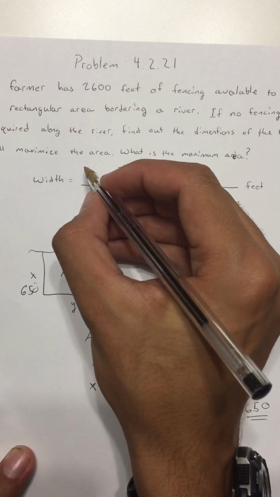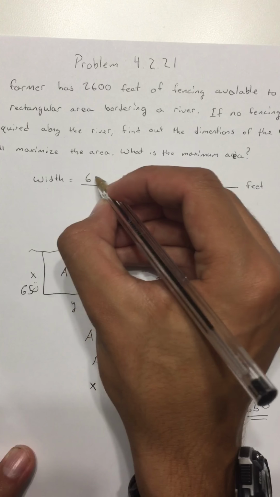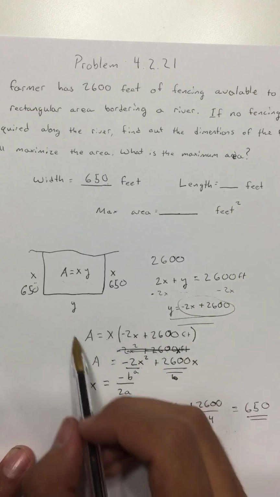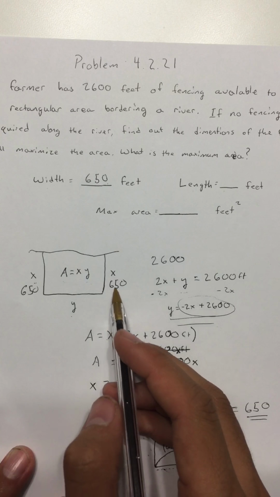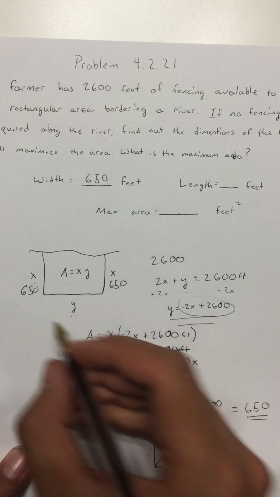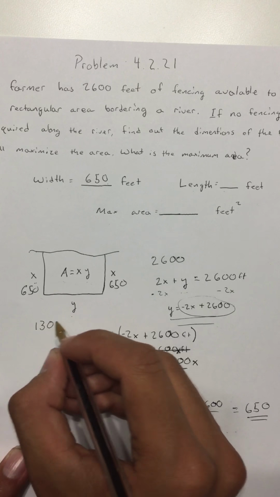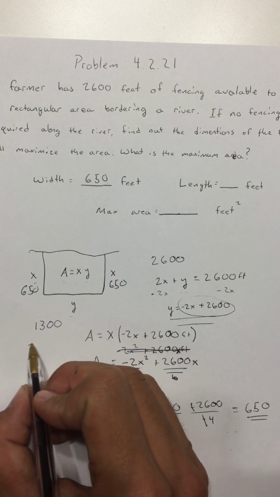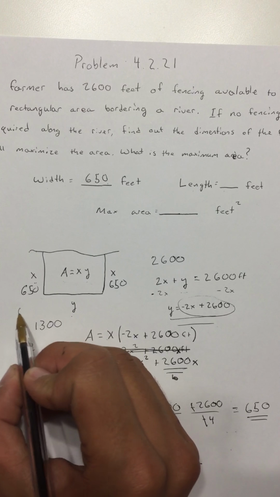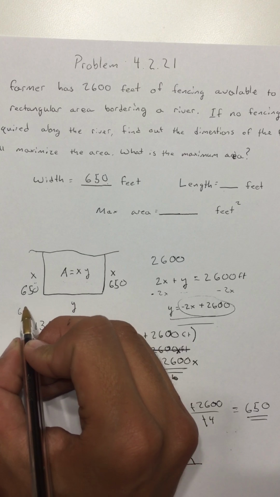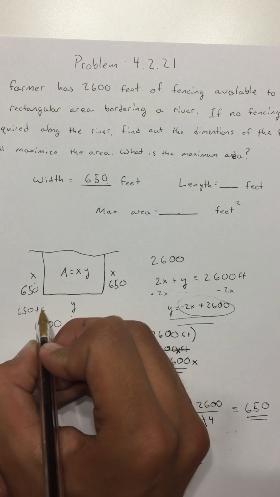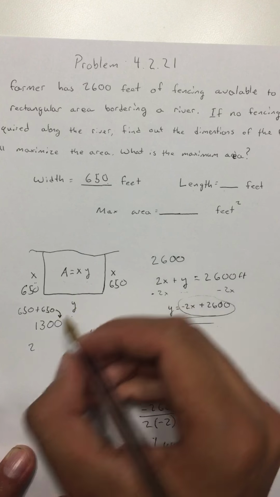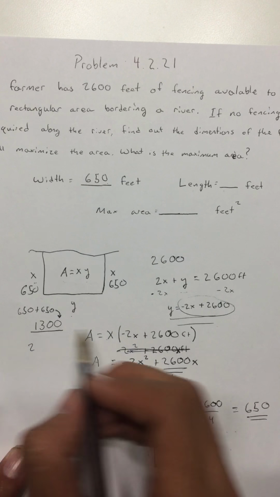So for our width, we have 650 feet. Now the length is what we need to find, and when we add these together, 650 plus 650 equals 1,300.